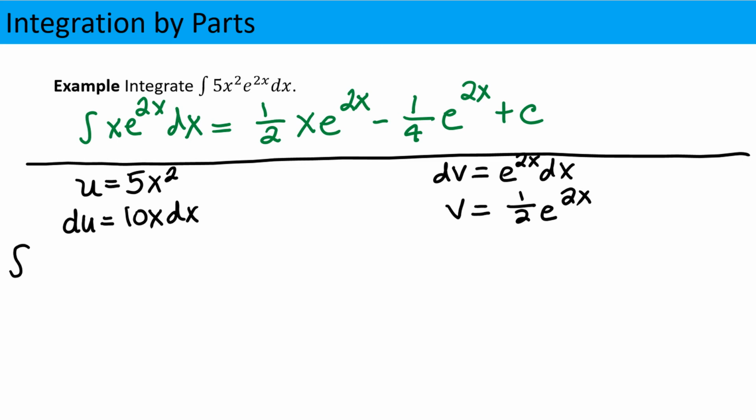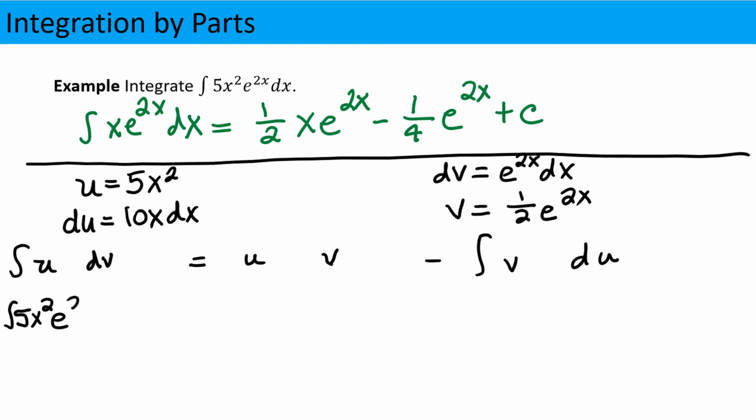That is the integral of u dv is equal to u times v minus the integral of v du. Let's put in everything in terms of x. So we'll have the integral of u, which is 5x squared, dv is e to the 2x dx.